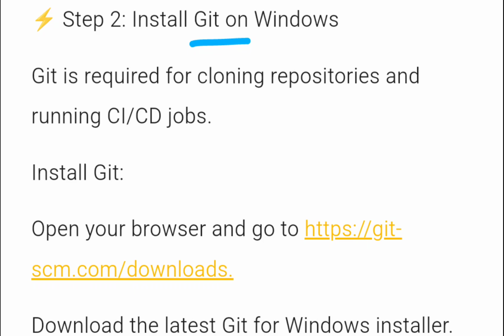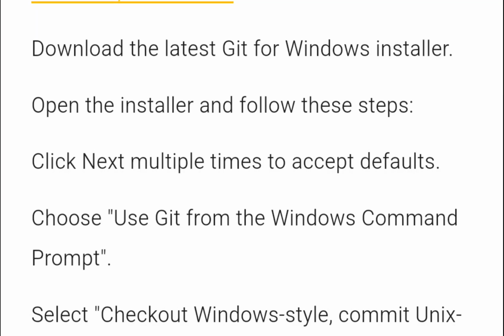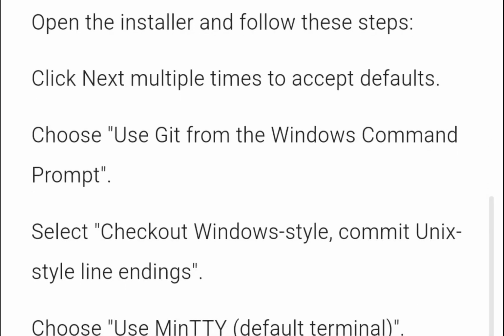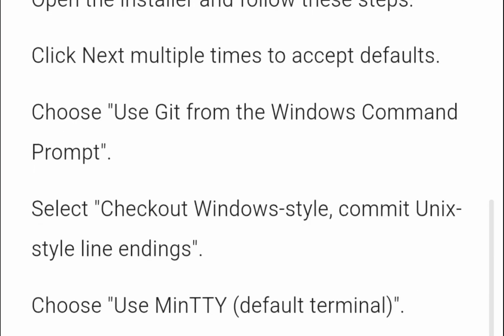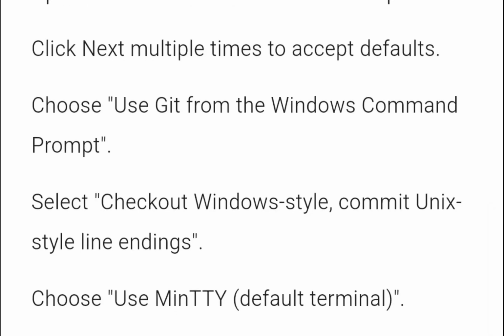And here, let's say if you want to set up Git as a source code repository, then you need to install Git. For that, you need to go to gitscm.com downloads, where you can find Git for Windows. You need to install that, and in the installation process, it will ask multiple times to accept a default.